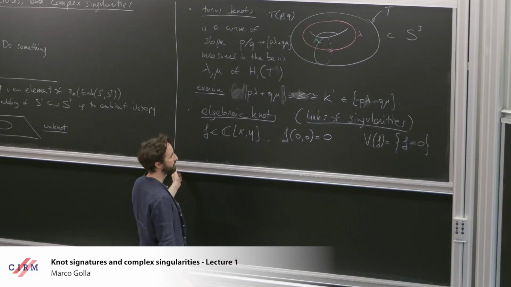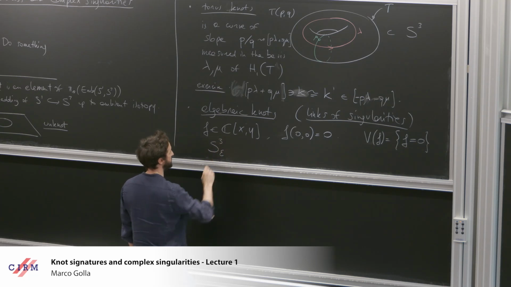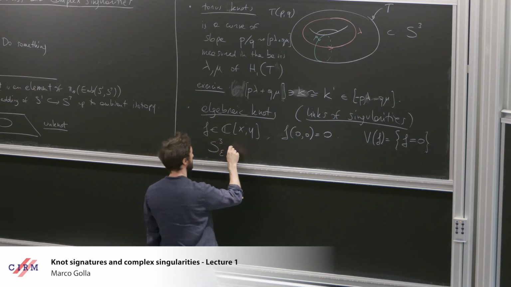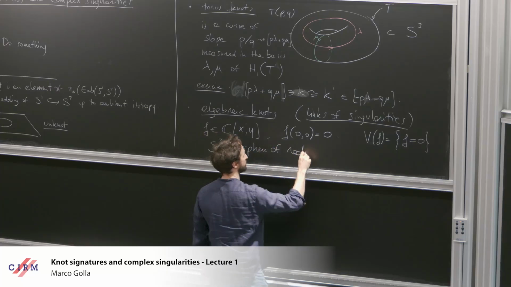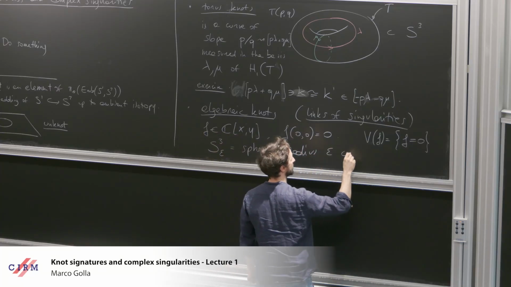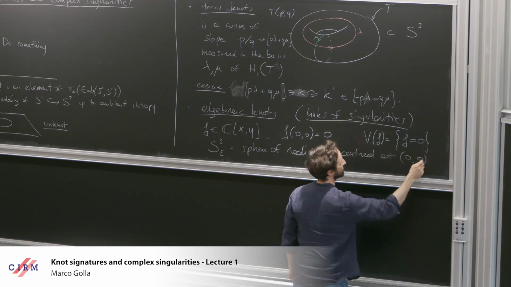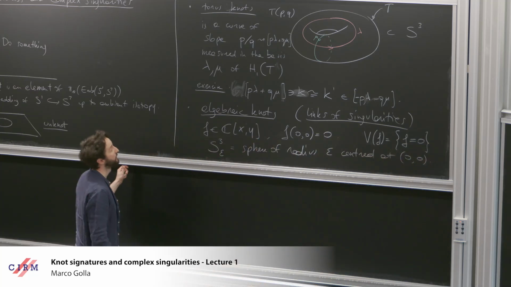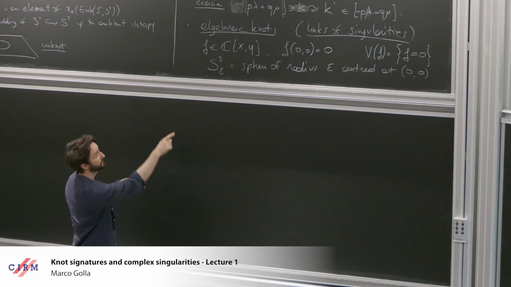And I'm going to do something that is maybe a bit bizarre. I'm going to take a sphere of radius epsilon, centered at the origin. And I'm going to intersect it with V of f.